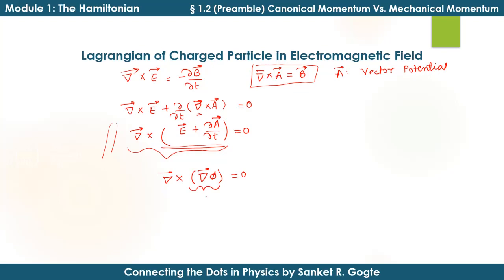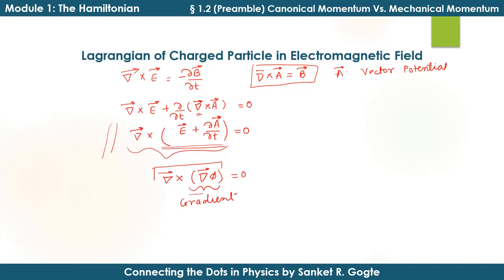Why? Because this is the gradient of the scalar field phi, which tells us how quickly this scalar field phi is changing with respect to space. It gives you the direction of maximum rate of change of phi with respect to space, and the curl is a quantity which tells us how a particular vector is being rotated.